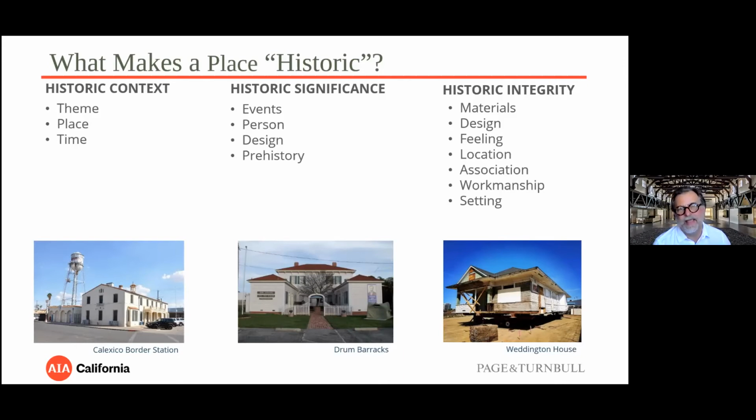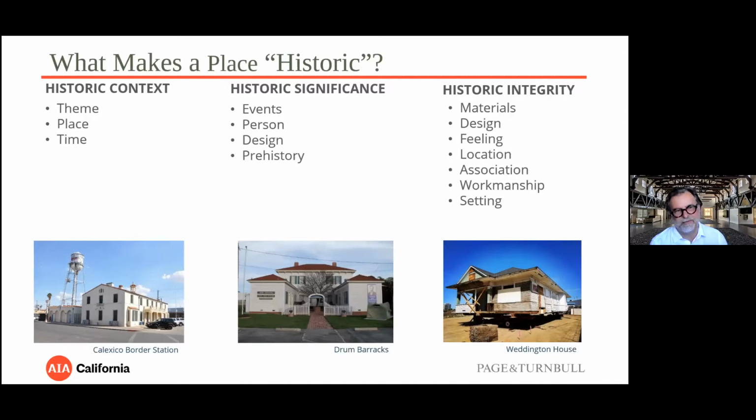And the last one is historic integrity. So historic integrity breaks down into different categories. There's a photographer that we work with who's come up with a good acronym, MADFLAWS, to remember these things. But the materials, the actual physical stuff that a building is built with, its design characteristics. One that's more nebulous is feeling.